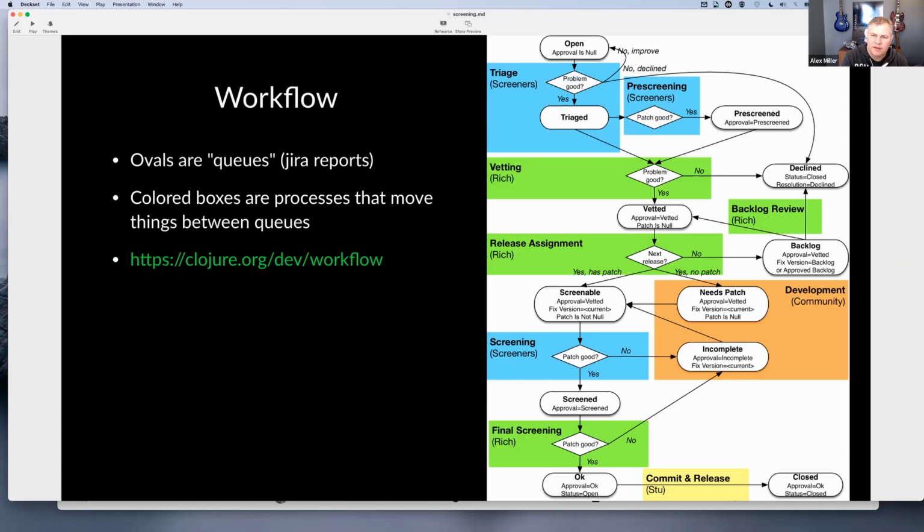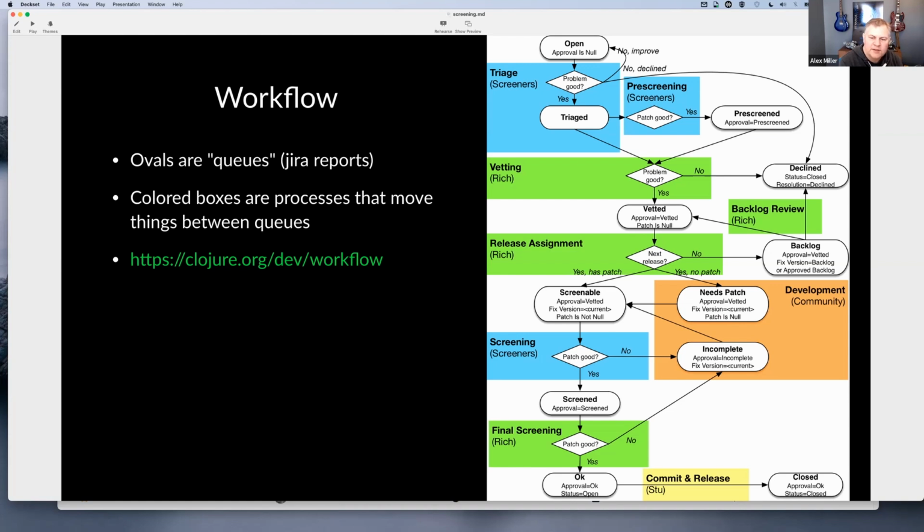So generally issues come in at the top and flow down to the bottom. Each of these nodes in the graph is effectively a queue, which is represented by JIRA reports that act as that queue. The colored boxes are basically processes that we identified.